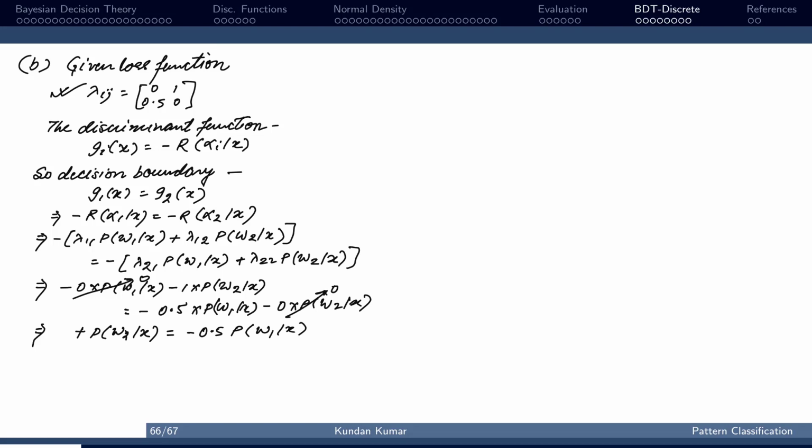Here we can cancel the negative terms, then we can put the posterior probabilities in terms of likelihood and prior, so we have ln P(x given omega 2) plus ln P(omega 2) equal to 0.5 into ln P(x given omega 1) plus ln prior probability of omega 1.